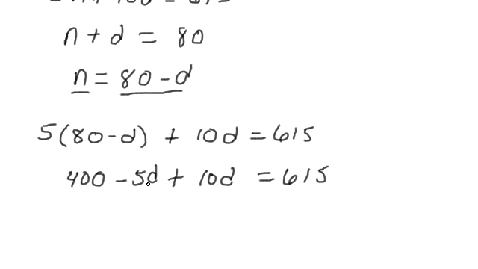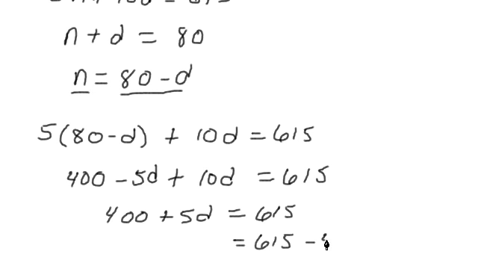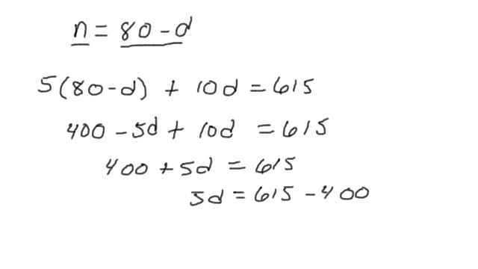Rewriting, 400 plus 5d is equal to 615. Now I'll take that 400 over to the other side, and we have 5d is equal to 615 minus 400.